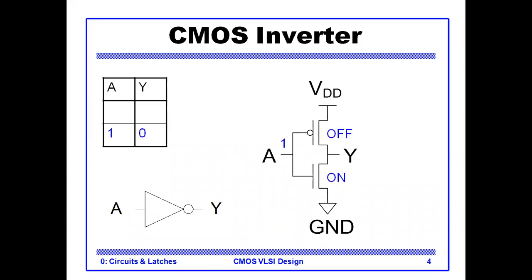When we are applying the 1, according to the ideal operation of the NMOS and PMOS, with 1 as the input to the CMOS inverter, NMOS will go into the on state, while PMOS will be in the off state.